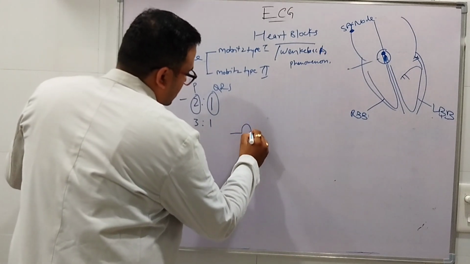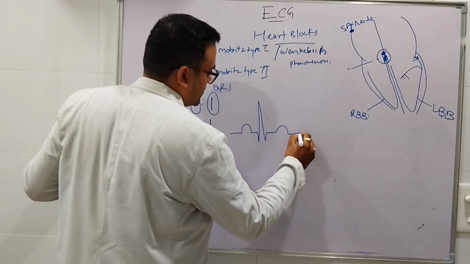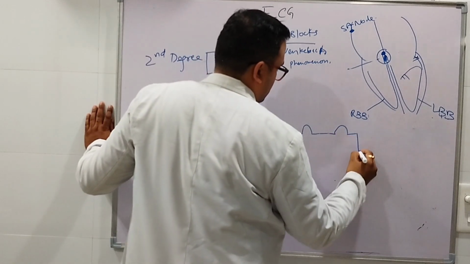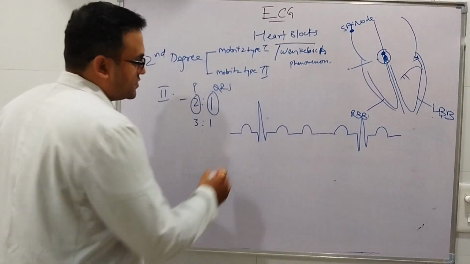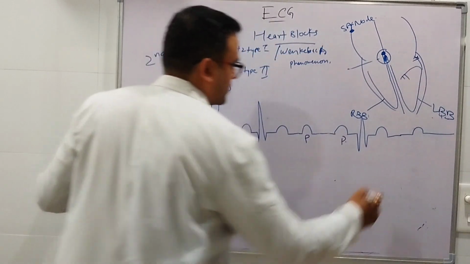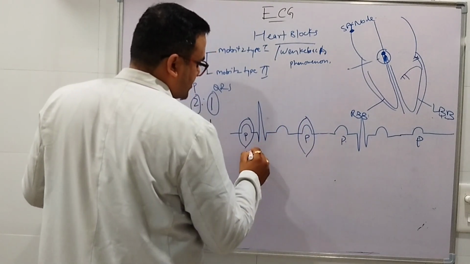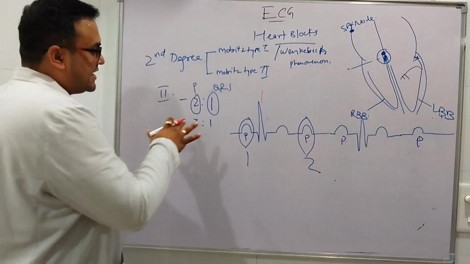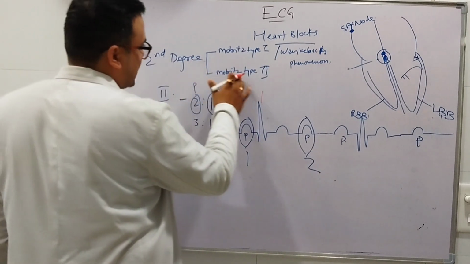There are two P's for one QRS complex. So we call it 2:1 second degree Mobitz type 2 block.